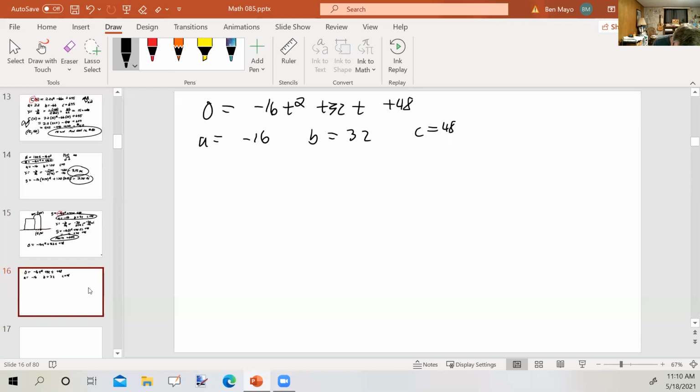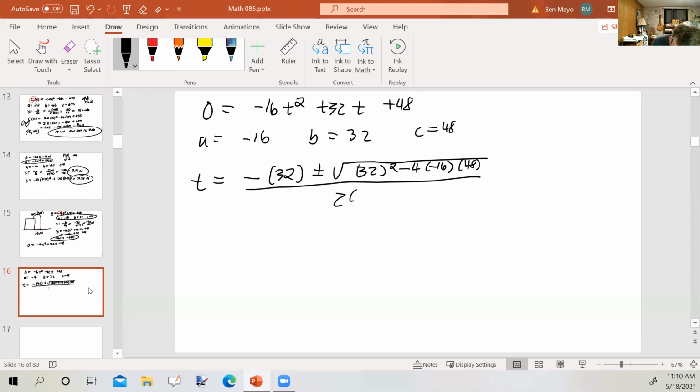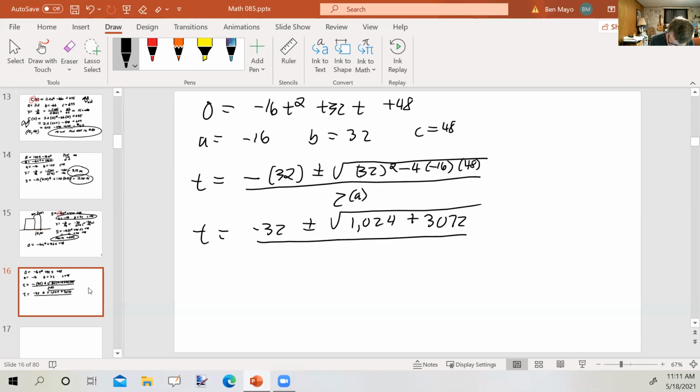Okay, so t equals negative b plus or minus the square root of b squared minus 4ac all over 2a. t equals negative 32 plus or minus the square root of, let's see, 32 squared is 1024 minus 4 times negative 16 times 48, which is going to be a plus, and 4 times 16 times 48 is 3072, and that's all over 2a.